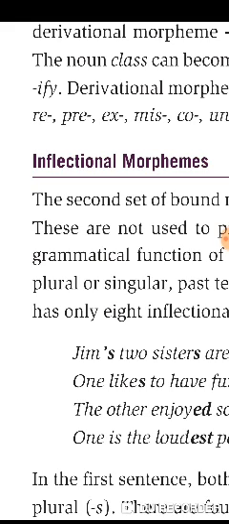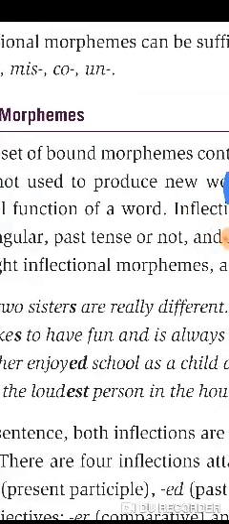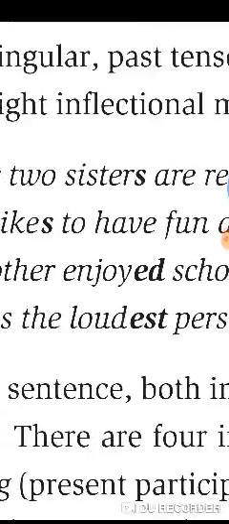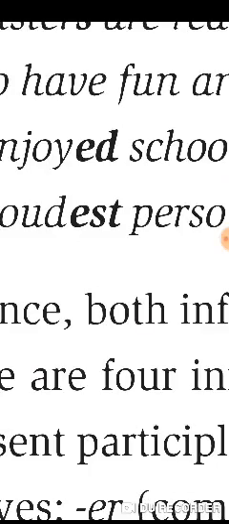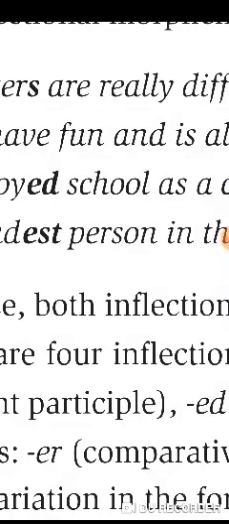They only show where in the structure of the sentence they have to be there. Other examples are like ed in the past. Other examples are like est, which show loud, loudest. These are all inflections. So nouns, verbs, and adjectives can have inflections.